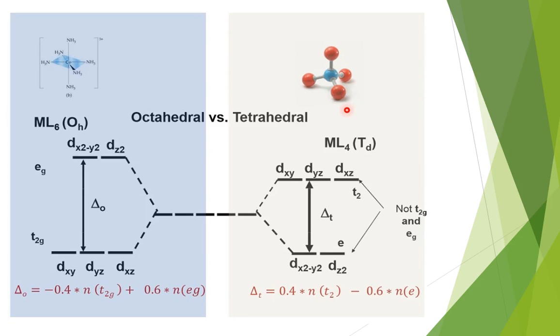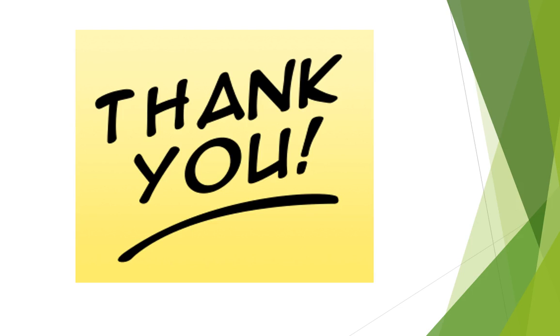You can see here delta O is much larger than delta T. So in the octahedral case the electrons can pair up, but in tetrahedral, pairing of electrons will take place only when the lower e orbitals are fully occupied. The splitting delta T is almost 4 by 9 of delta O. Remember, delta T is 4 by 9 of delta O. So, thank you.